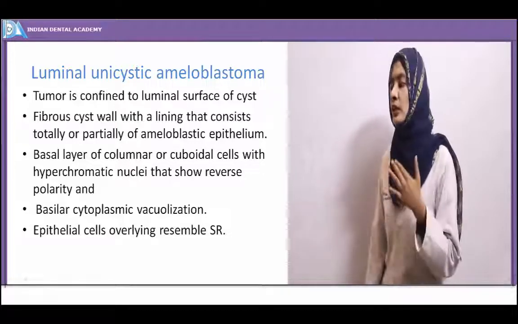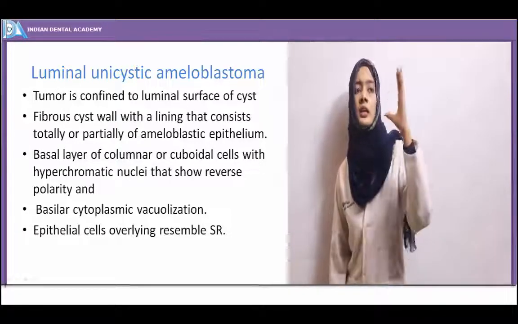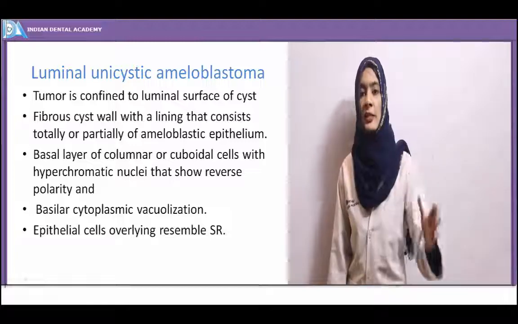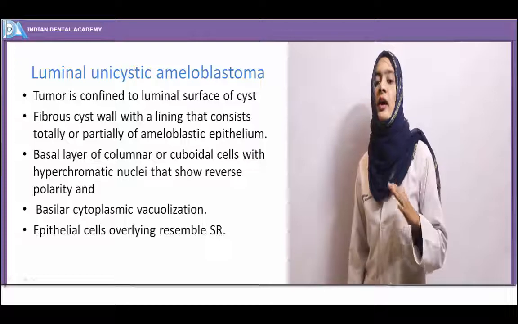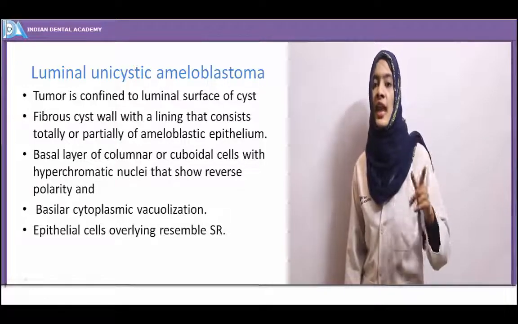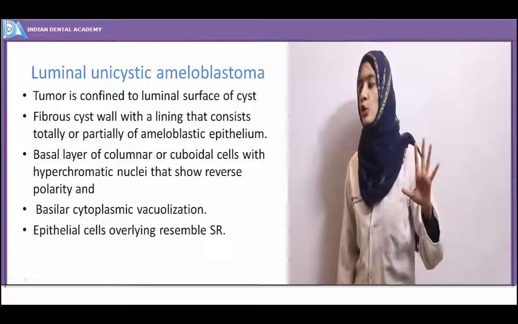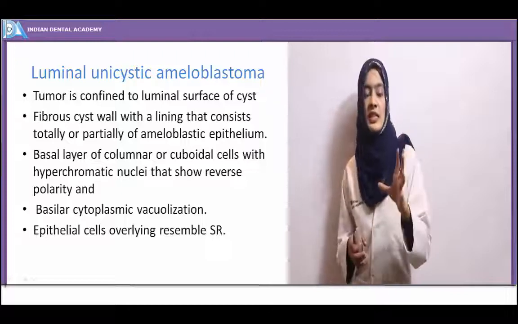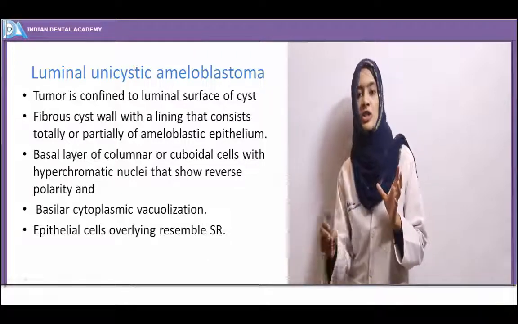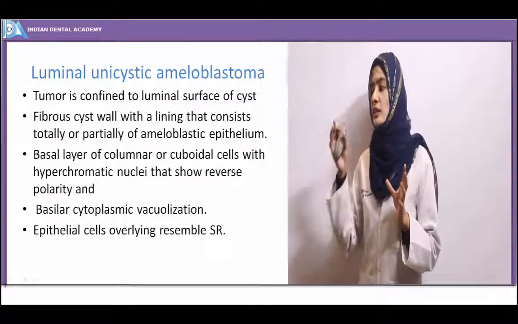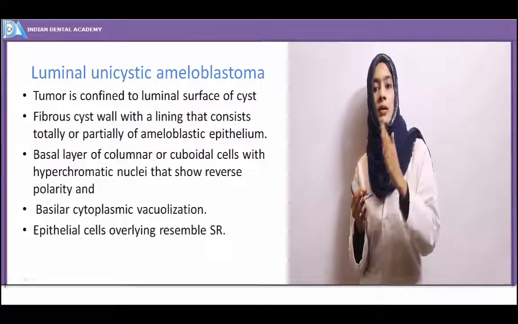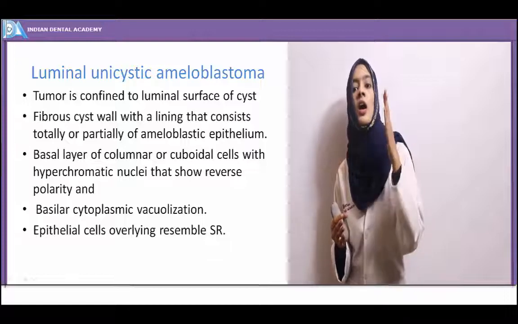On one side only the cystic wall is present, which is lined by the odontogenic or ameloblastic epithelium. This ameloblastic epithelium again has characteristic tall columnar cells, and the cells show central vacuolation, that is, the cytoplasm appears vacuolated or empty.